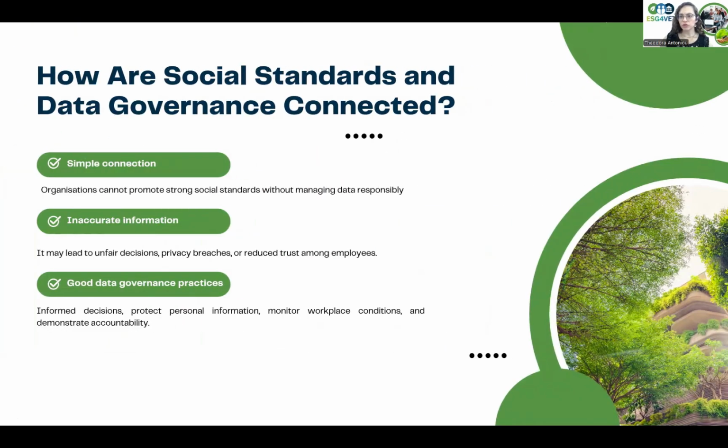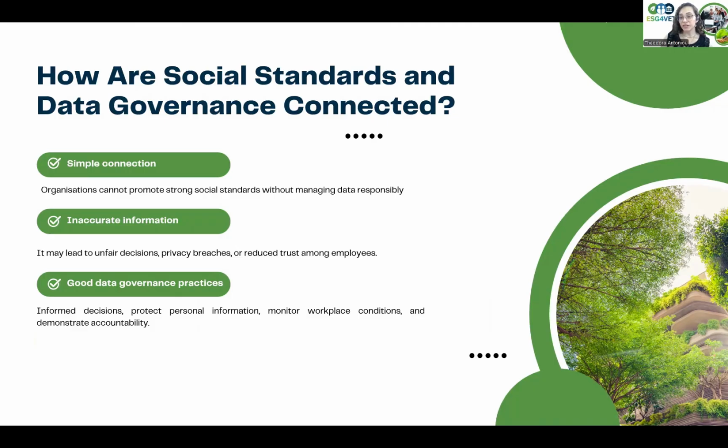So, how do these two concepts work together? The connection is simple. Organizations cannot promote strong social standards without managing data responsibly. For example, organizations collect information about employee training, workplace accidents, well-being programs, diversity initiatives, recruitment, and professional development.